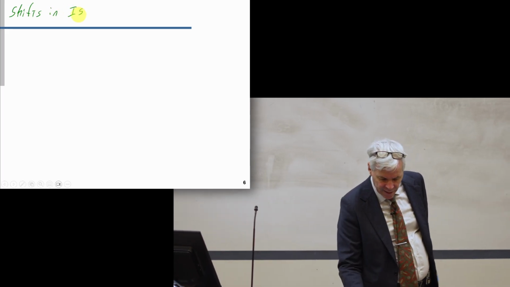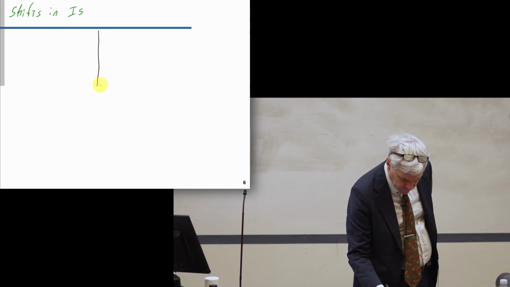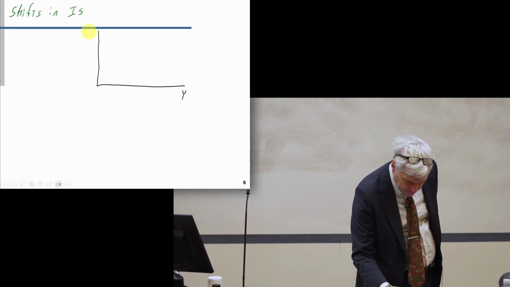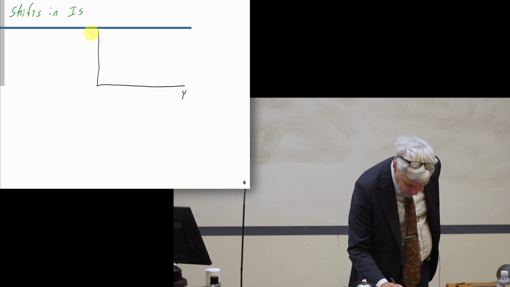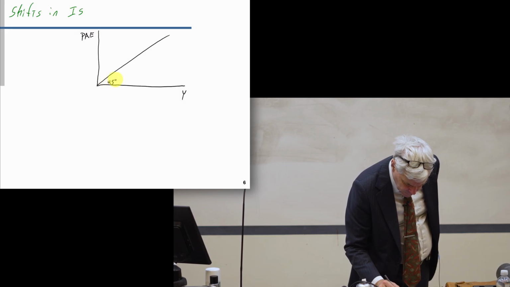So now I'll look at shifts in the IS curve. I'm going to draw the same thing I had before, but simplified, because here we have planned aggregate expenditure. We've got our 45-degree line.